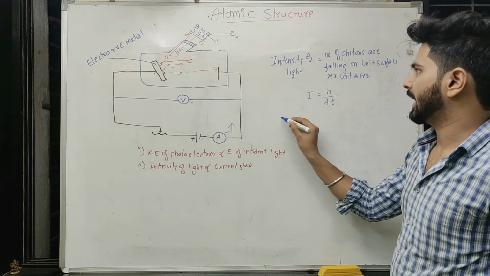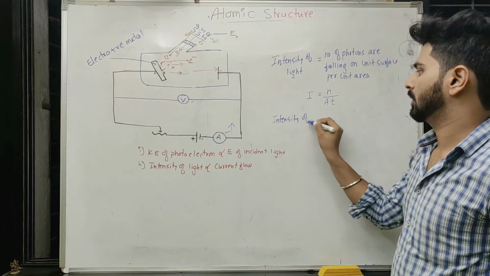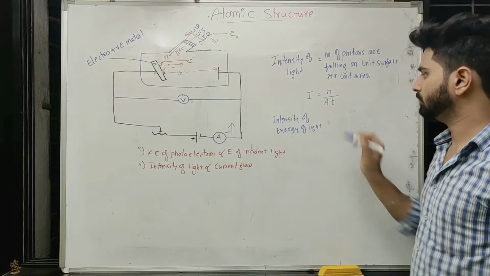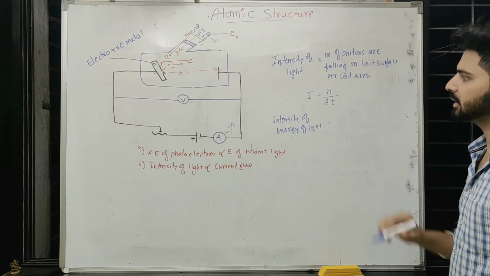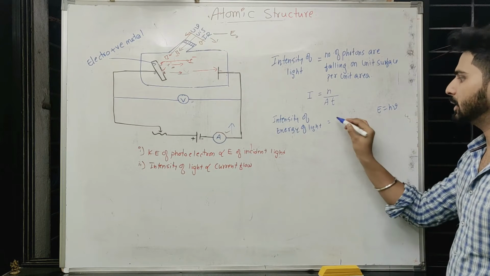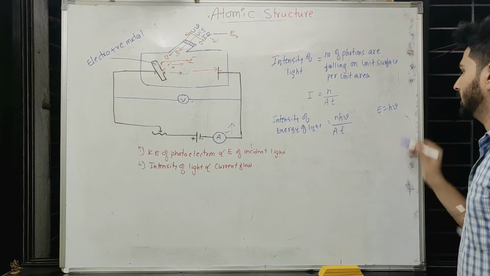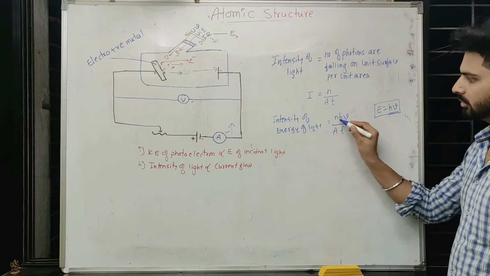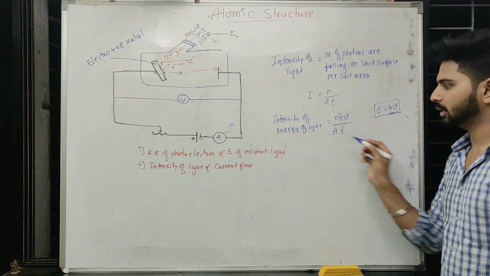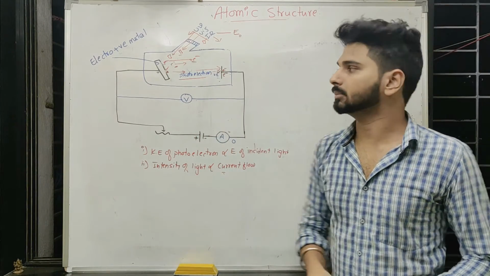If I want to measure the intensity of energy of light, I need to multiply by the energy term. The energy of each photon is h nu. So n h nu divided by A into T, where the energy of one photon is h nu and there are n photons, gives that much energy per unit area per unit time.